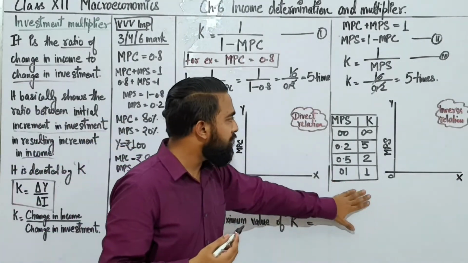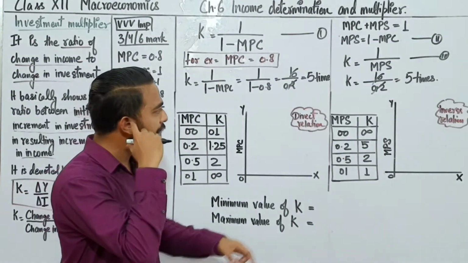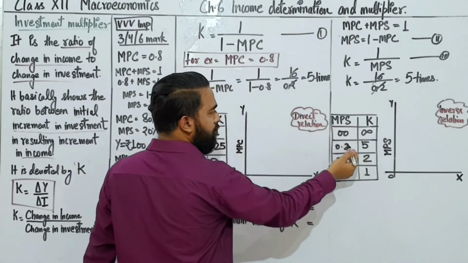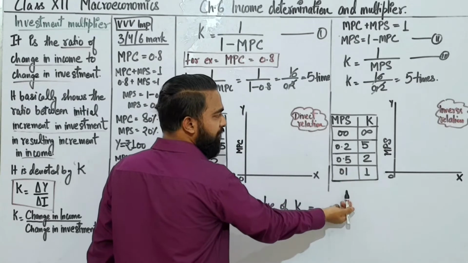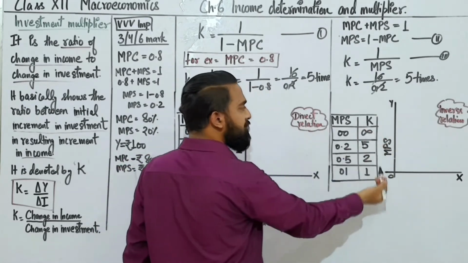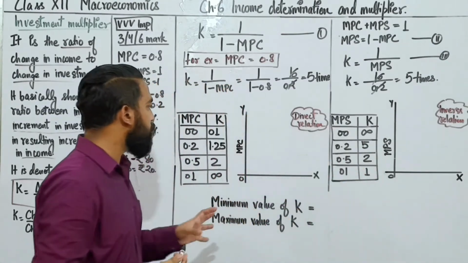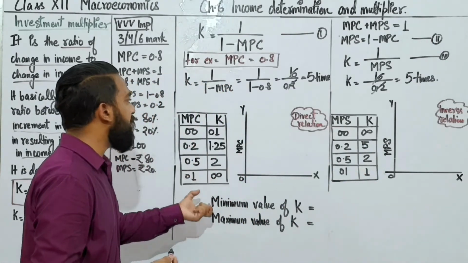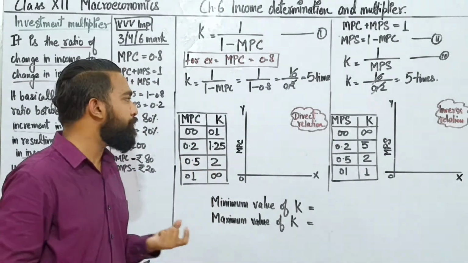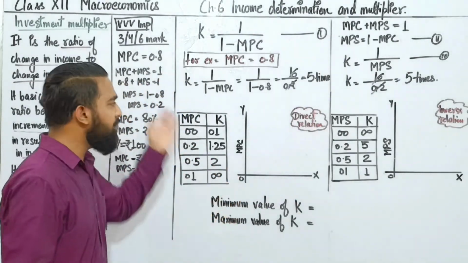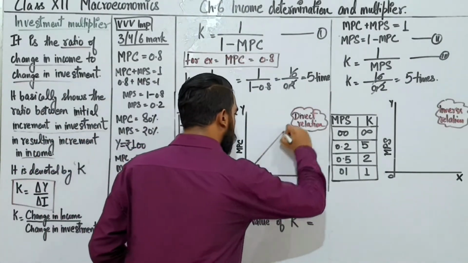And in the relation between multiplier and MPS, when the MPS is increasing from 0, 0.2, 0.5, 1, the multiplier is decreasing from infinite, 5, 2 and 1. So the relation between MPC and multiplier is a direct relation. It means if MPC is increasing, the multiplier is also increasing.